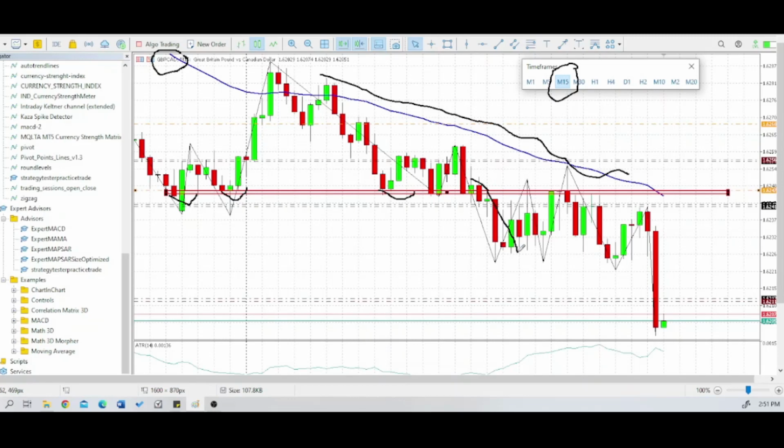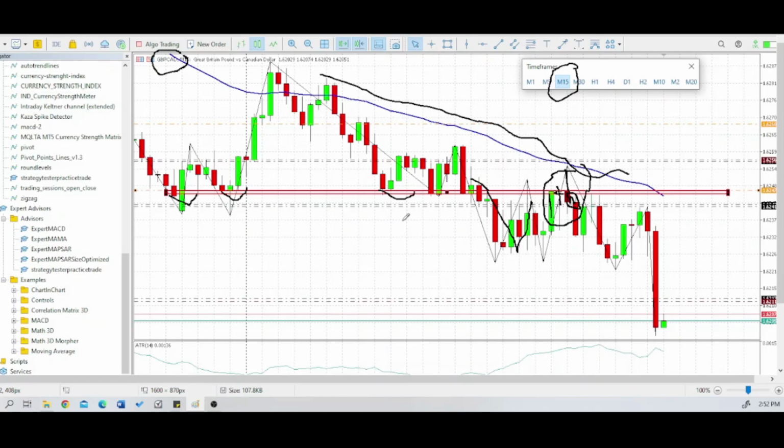Can you see? The market retraced and gives you a bearish engulfing pattern. Where is the bearish engulfing pattern? Here? No, it's not here. The bearish engulfing pattern is here. Can you see? This candle, this is a morning star pattern, and this is the big bearish candle. Can you see, guys? So this is where you have to enter. So this is the chart we discussed.